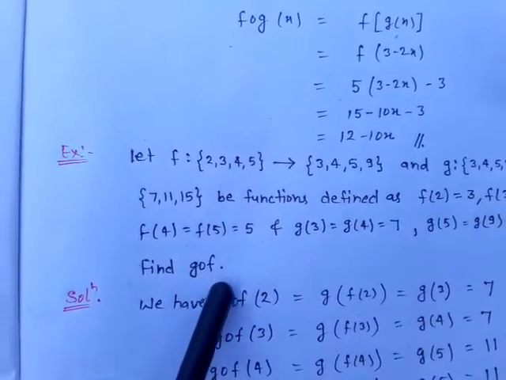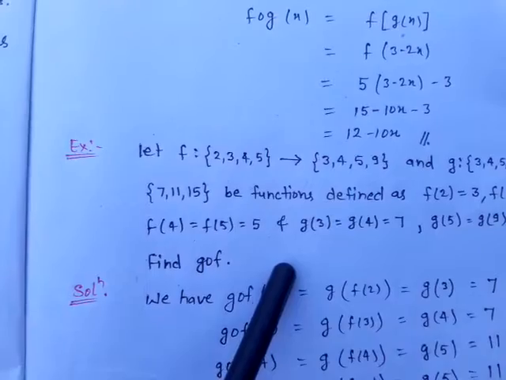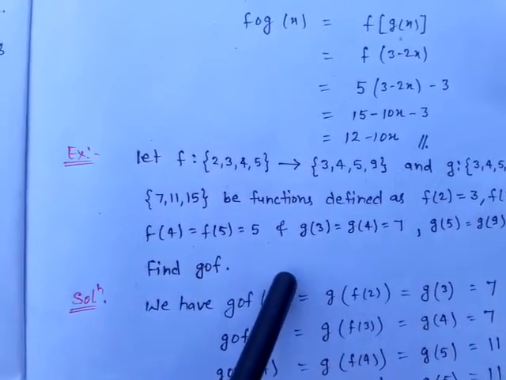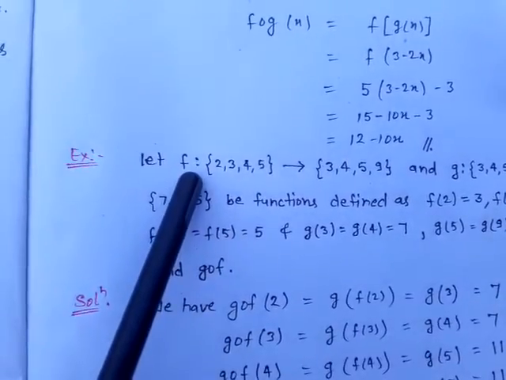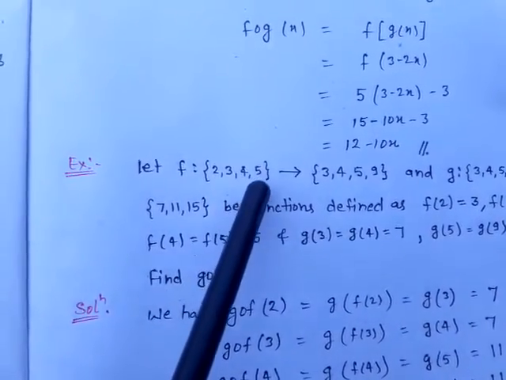We also write g∘f in the form g(f(x)). Here we only discuss function f with the elements 2, 3, 4, 5.